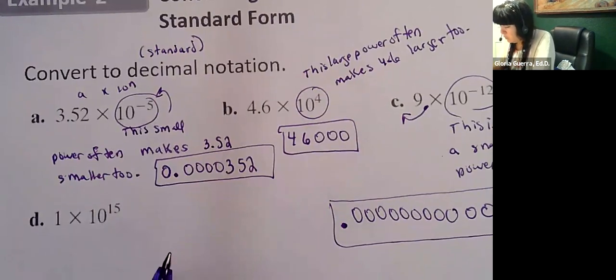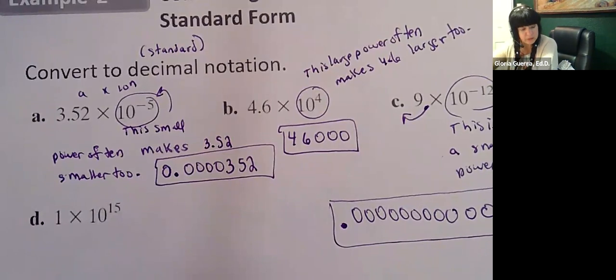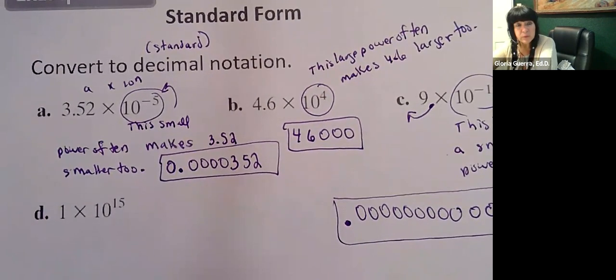what do they want you to do here? 1 times, anything times 1 is itself, right? 1 times 10 to the 15. Let's pause. 1 times 10 to the 15.